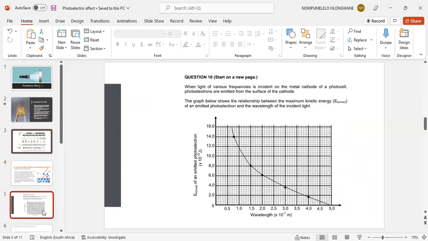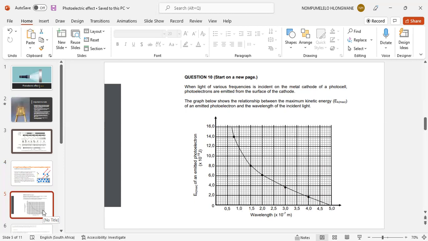The first example that I have is question 10. The question says, when light of various frequencies is incident on a metal cathode of a photocell, photoelectrons are emitted from the surface of the cathode.